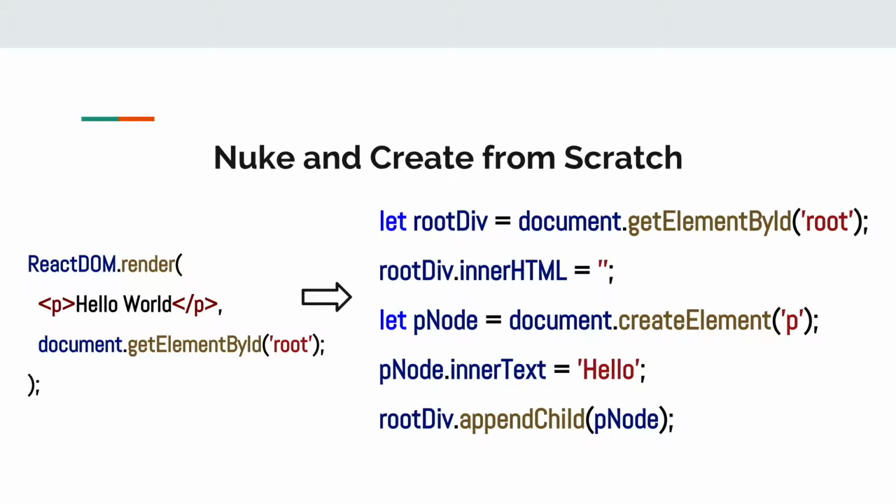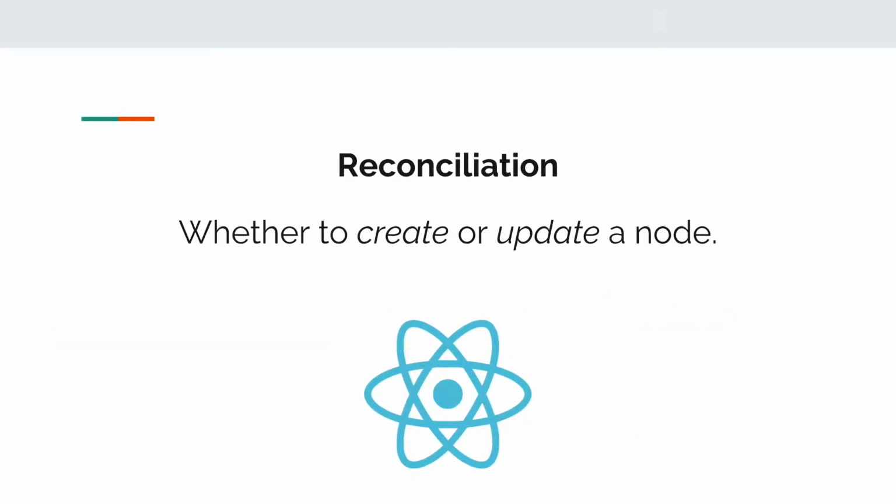In this approach of starting from scratch every time, React would be recreating hundreds of DOM objects at every single render, causing significant load. So as an alternative, React doesn't go through this process. Instead, React does a process of reconciliation. In this process, React decides whether to update an existing node or to create an entirely new one.